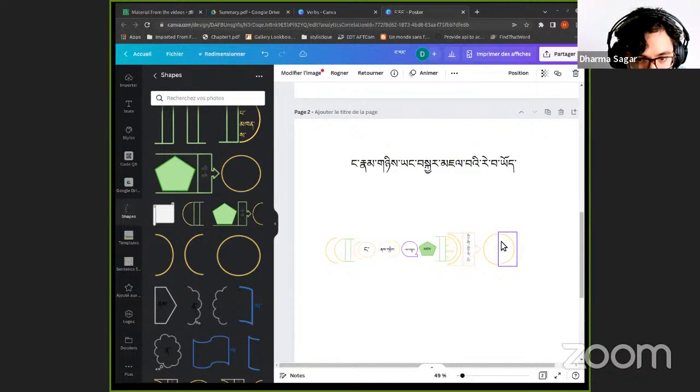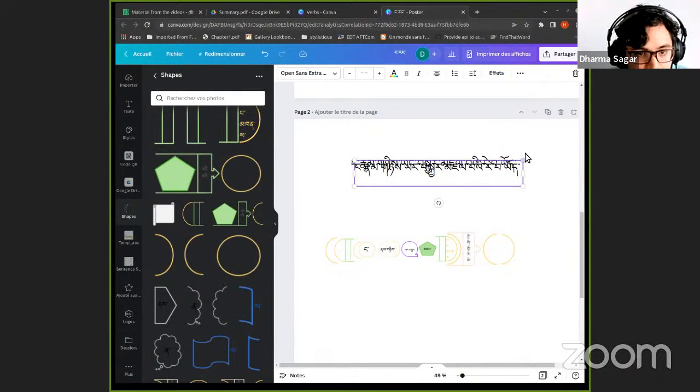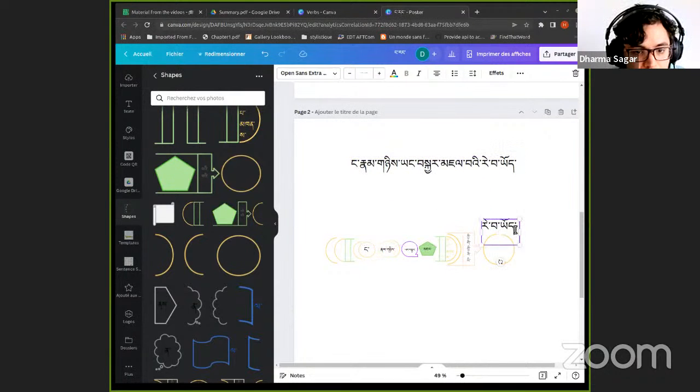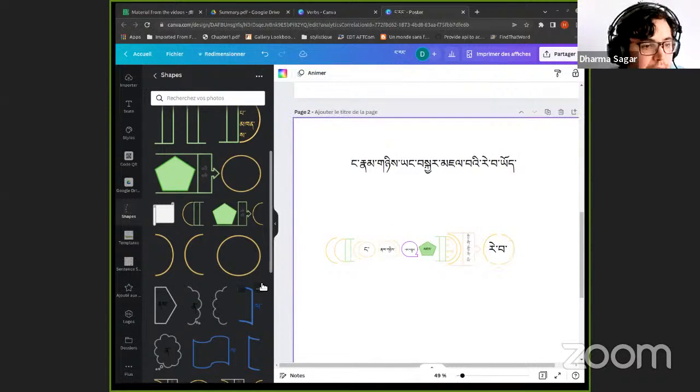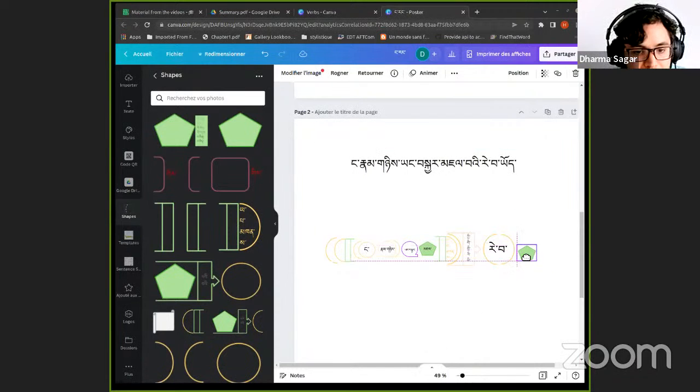Let's pretend that it is a circle. Okay, rewa goes here. And then we have the verb here, which comes at the very end.